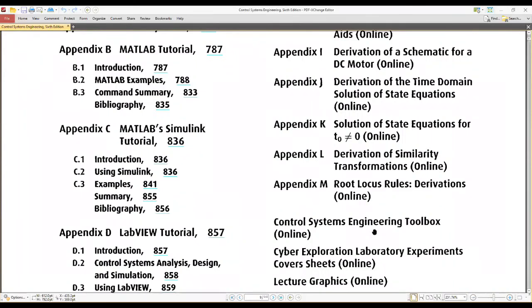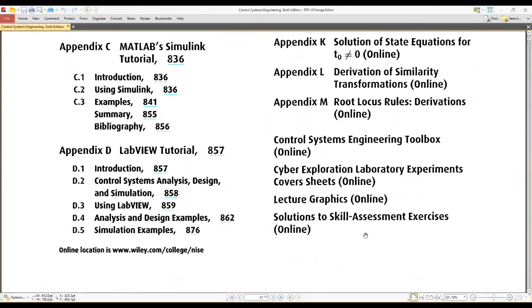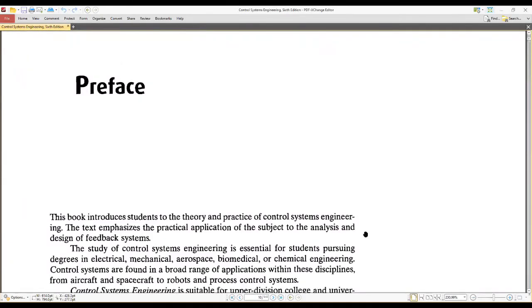That is chapter 2. We are going to study it from the book, chapter 2.